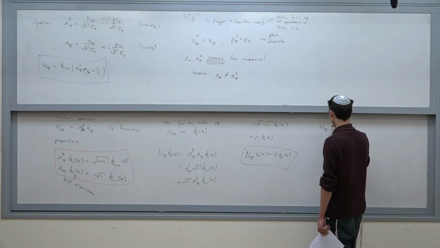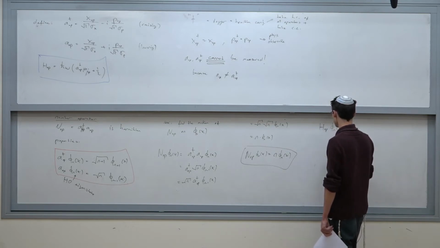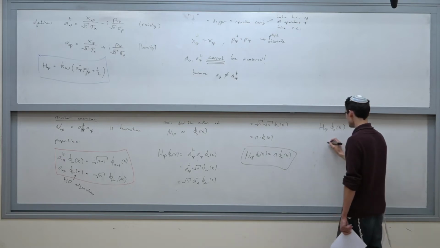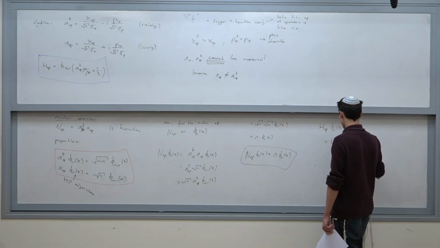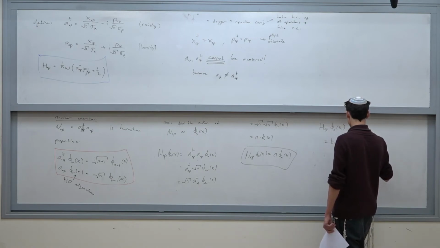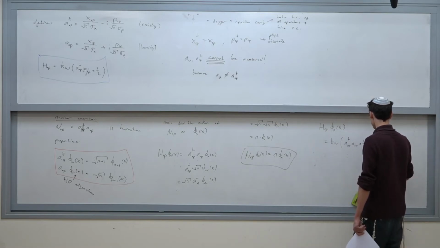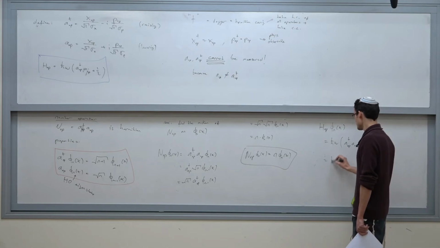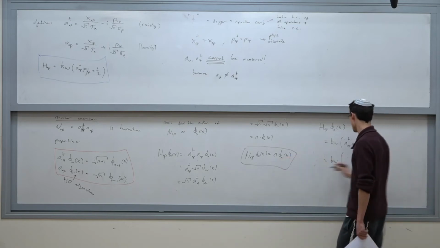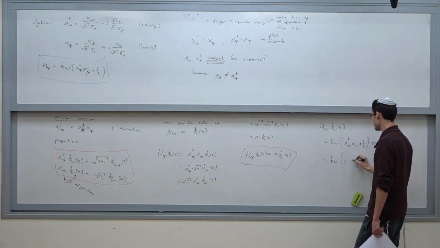When the H operator, the Hamiltonian, acts on phi n of x, we have h bar omega times a dagger a plus 1/2, which acts on phi n of x. So h bar omega is just a number, a dagger a takes out n, and a half is just 1/2.